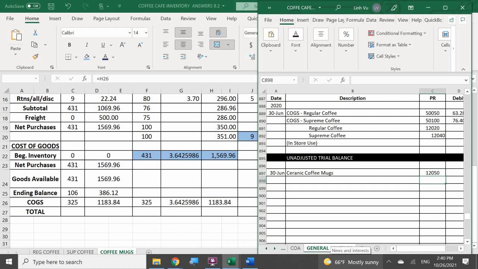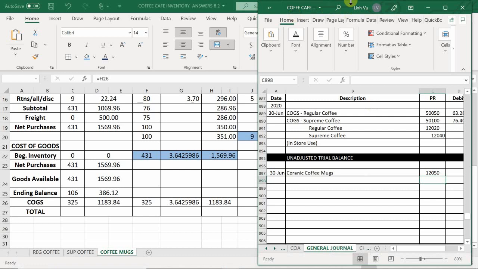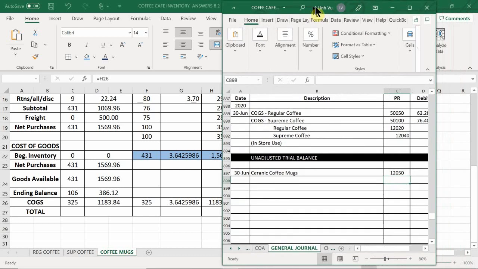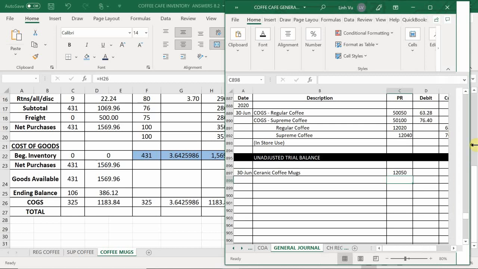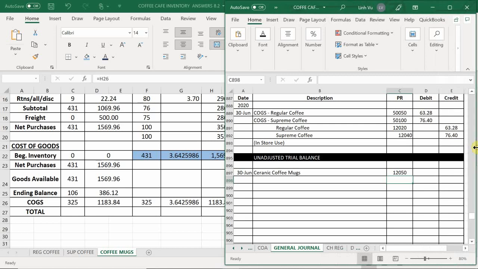And the cost of goods sold for ceramic coffee mugs? Account number 5150. Okay.